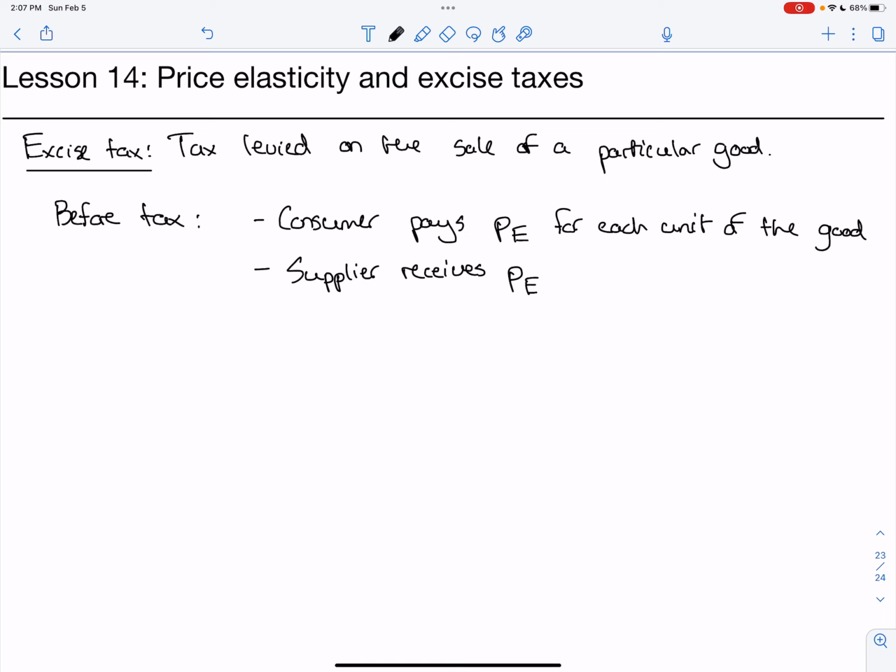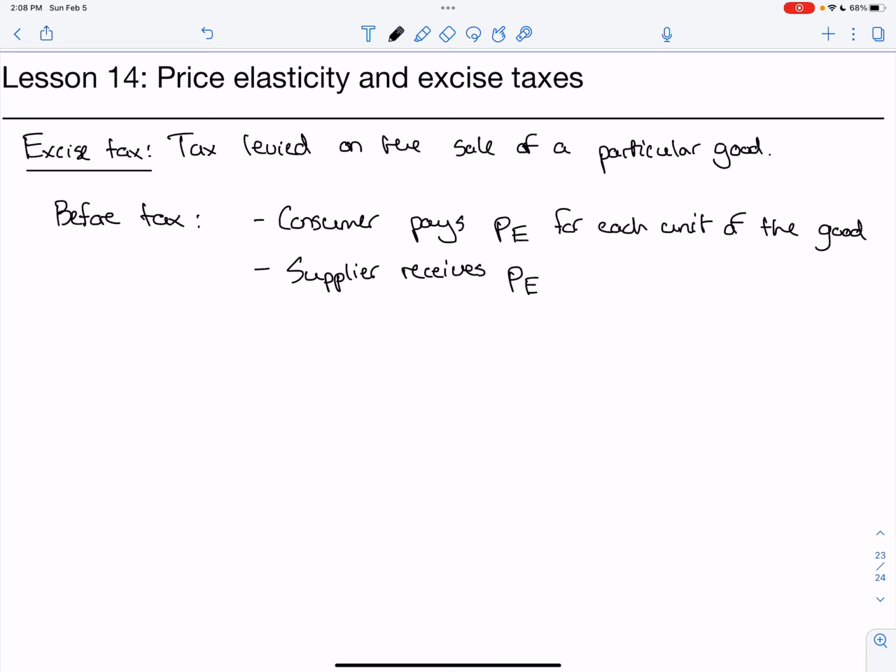Okay, what do I mean by the consumer pays and the supplier receives? Very simple. You go to the store, or it doesn't have to be a store. The consumer purchases one unit of the good and pays price PE. In this situation, there's no government, there are no taxes. So whatever the consumer pays, the supplier gets to keep.